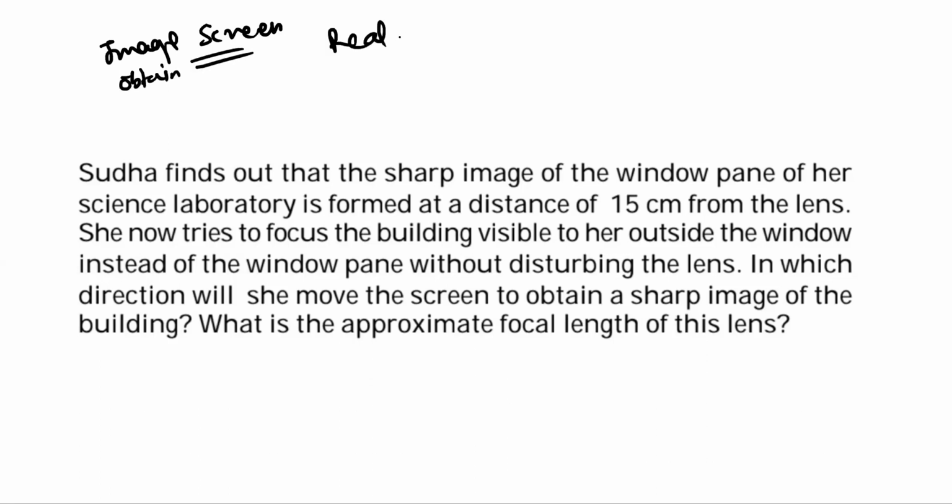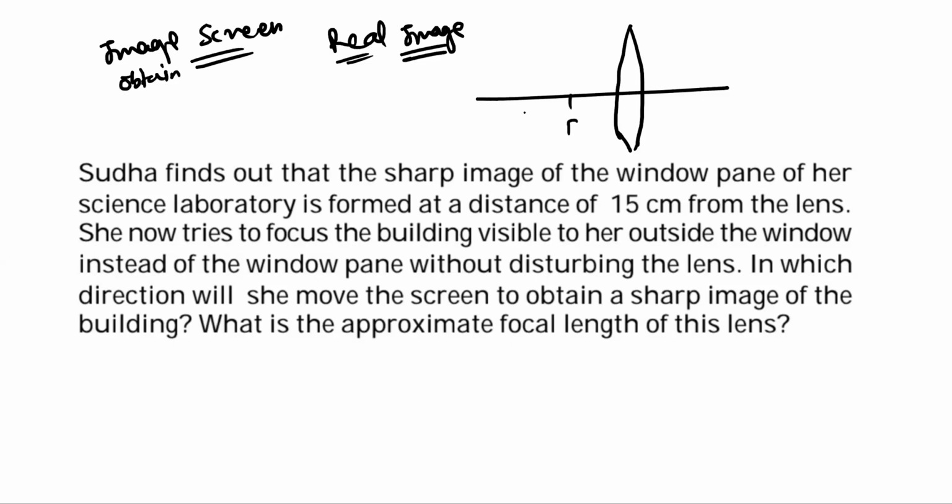No virtual image can be obtained on a screen. Real images can only be formed by a convex lens. This is the focus, this is the radius of curvature, and it is given that the image is found at a distance of 15 centimeters.